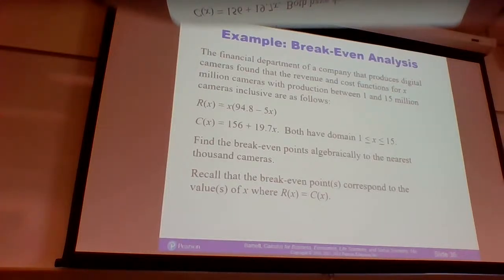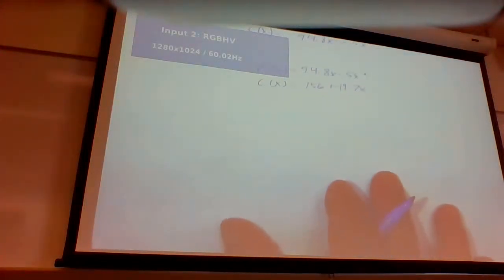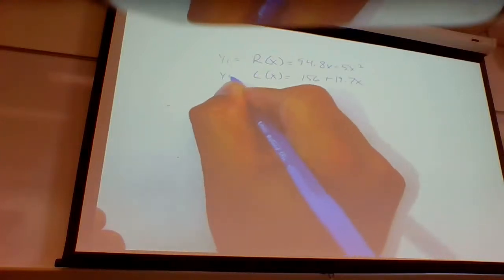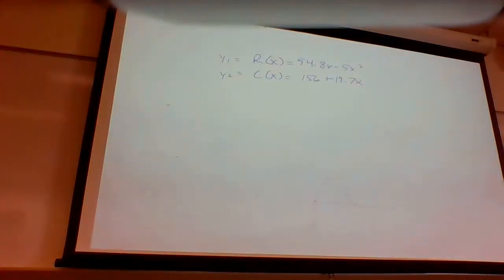So we're going to graph the revenue and we're going to graph the cost, and we're going to find where they intersect. So in your calculator, I would like you to put the revenue in Y1 and the cost in Y2. These are given.